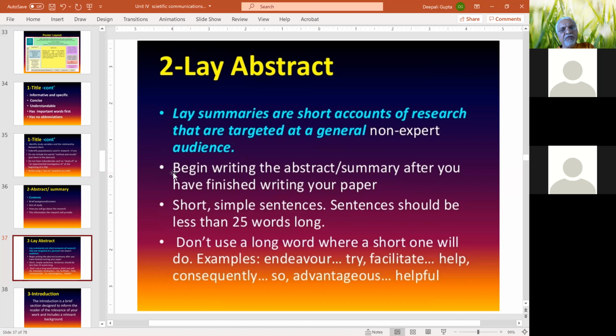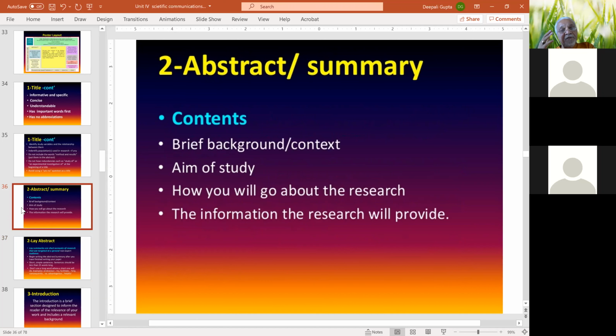So one can write this abstract in this sequence, or you can write it in the end. It doesn't matter, but it has to be written. Whether you're writing in the beginning or in the end, make sure that you cover all the points which I mentioned in the previous slide. While writing the abstract, you have to make these points very, very clear.